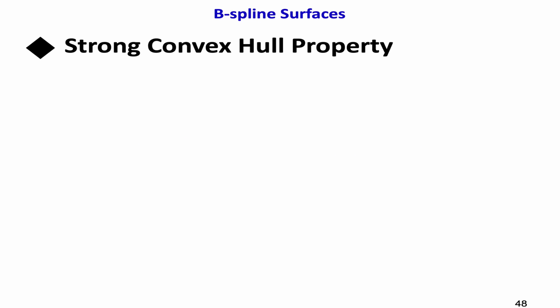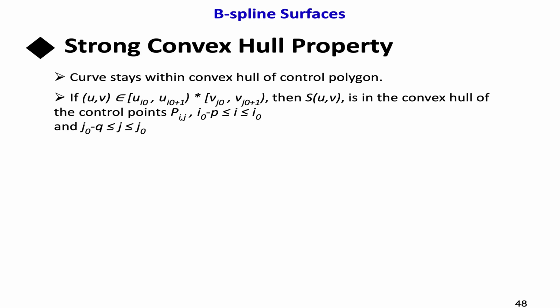Then an important surface property, which is the strong convex hull property. The curve stays within the convex hull of the control polygon, and if the knot value belongs to this region, then the surface is in the convex hull, and the control points P_{ij}, with i and j, are defined by the following equations.